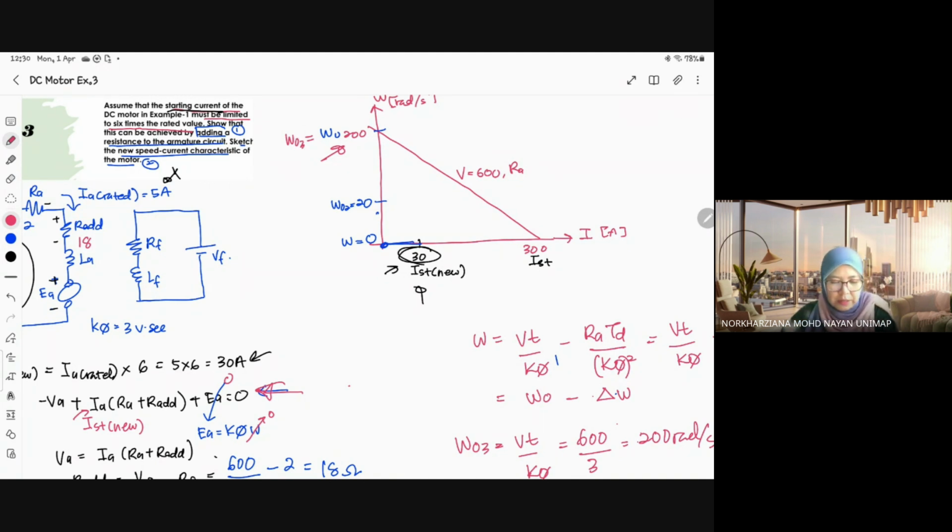It should be parallel: when you change the Vt, the line is parallel. So this is 20 radian per second, and this one is with V equals 60 volt.